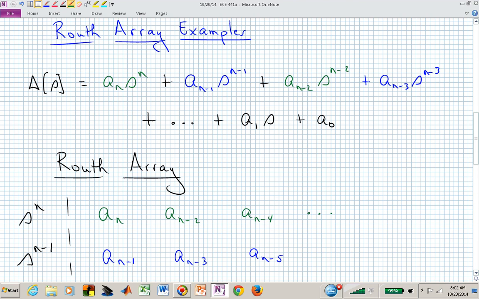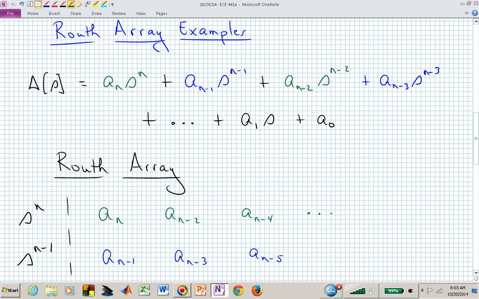The green coefficients are the first one, a sub n, then we skip over a power of s and go to the next power, a sub n minus 2. Then we skip over a power, and we go to a sub n minus 4. Those are the coefficients that we use to build the first row of our Routh array.